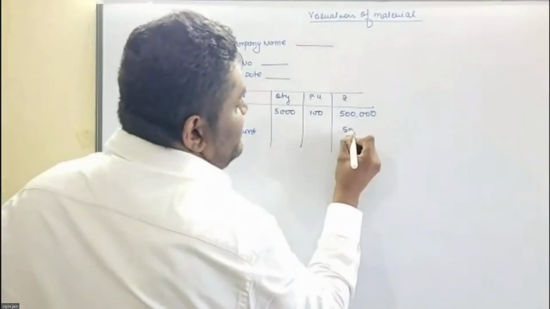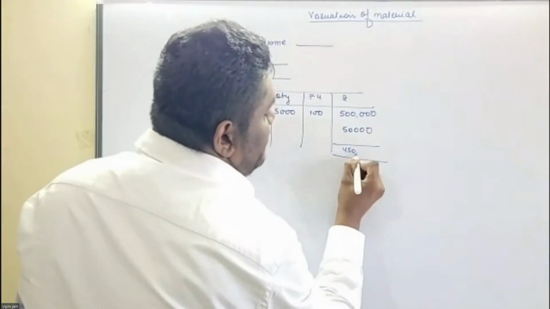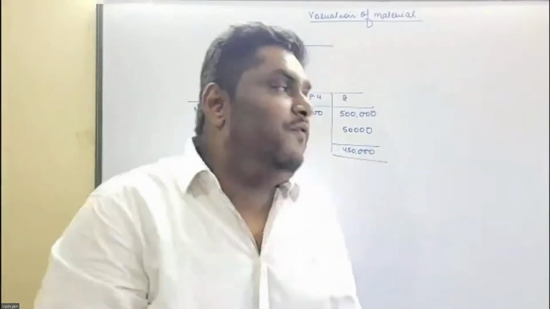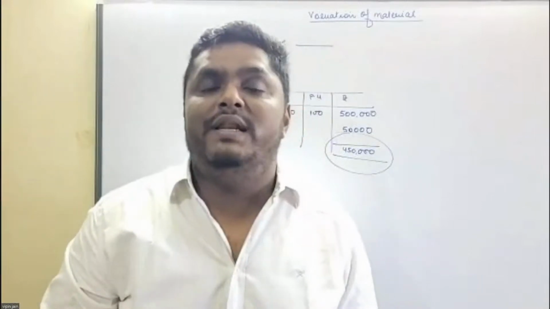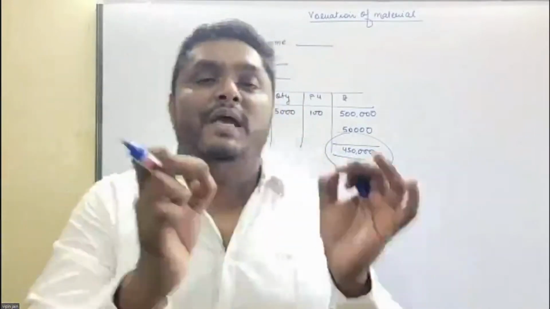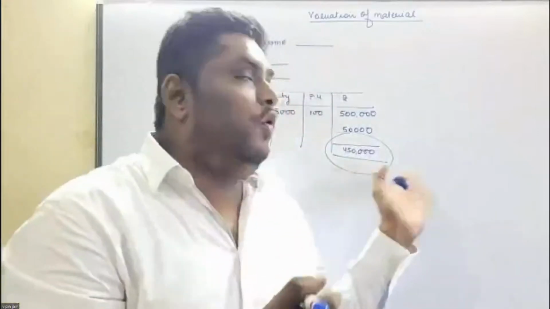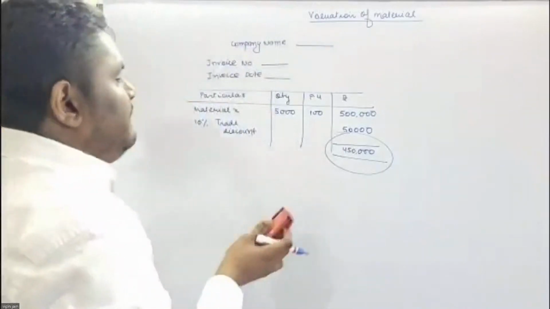So 50,000 is reduced here, and the final bill we have is 4,50,000. So guys, in this case, 4,50,000 will be the value that will be taken for the value of material. I repeat again, in this case, what will be the value of material that will be recorded in books of accounts? 4,50,000.